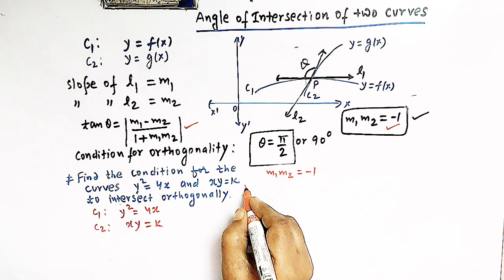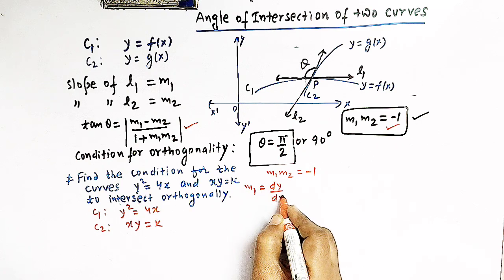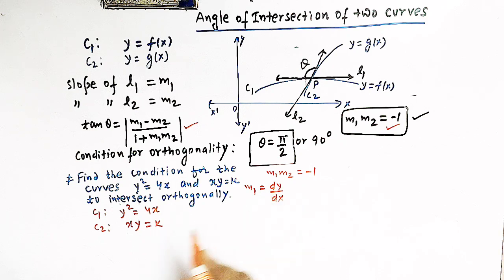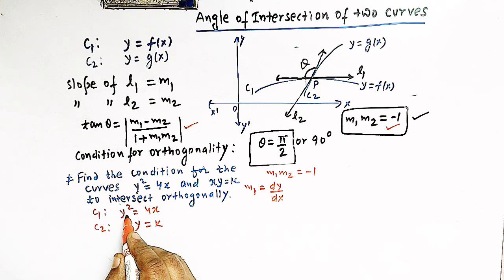So m1 is given by the derivative, that is dy over dx, and dy over dx should be calculated by differentiating the equation of the curve C1, right?